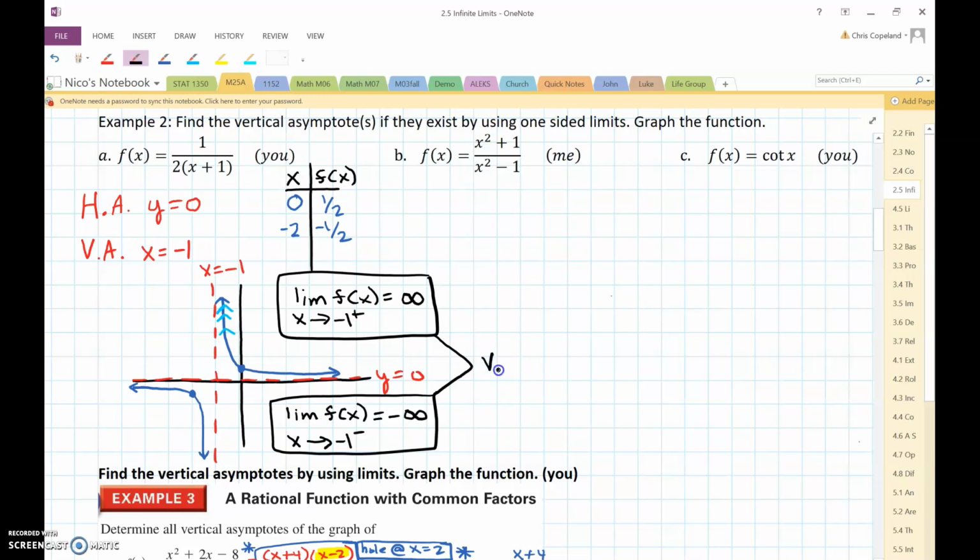There's a vertical asymptote at x equals -1. When this goes to positive or negative infinity, that tells you that there's a vertical asymptote at x equals -1. Alright, so there's the first example. Let's look at the second example.